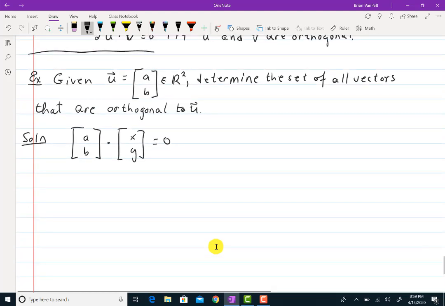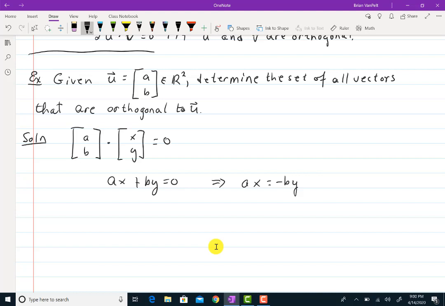So let (x, y) be such a vector. I have ax plus by equals 0, and that means that ax equals negative by. Now, I'm not going to divide by anything here just yet, because I don't know if a is 0 or b is 0. If both a and b are 0, then it really doesn't matter. Everything is orthogonal to the 0 vector.